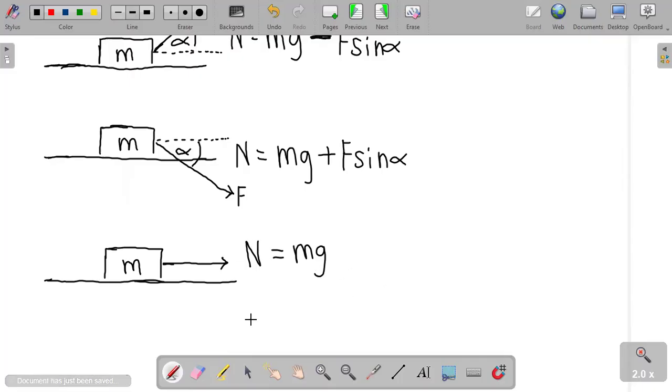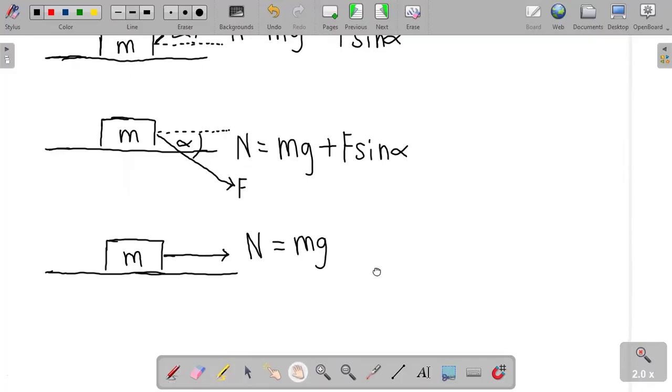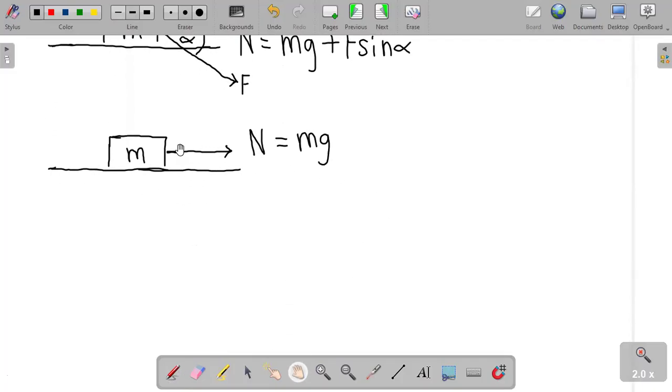And then in other cases, you can have a tension force that is going upwards. This is still a horizontal surface.